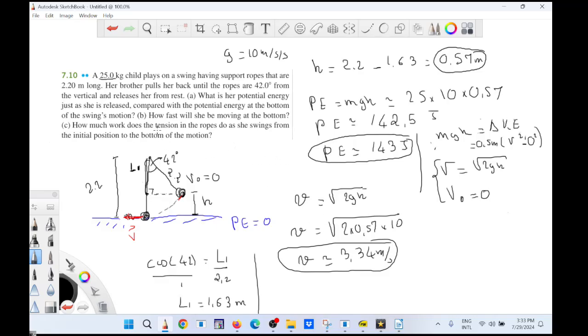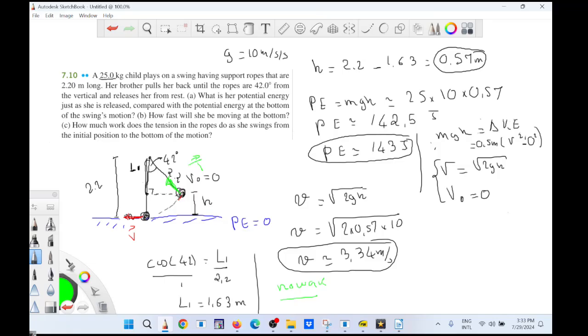So what's the work done by tension? You see here the tension is perpendicular, so it's not changing the velocity. It doesn't make the thing go faster or slower. So the answer is there is no work. That's why you can apply conservation of energy.